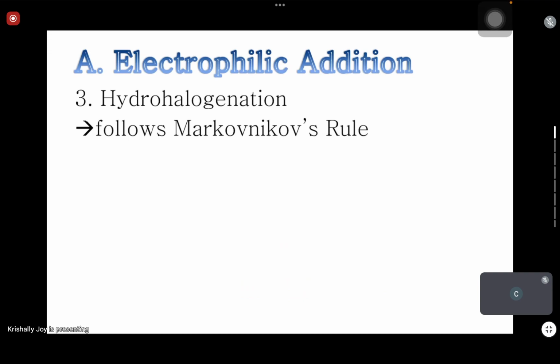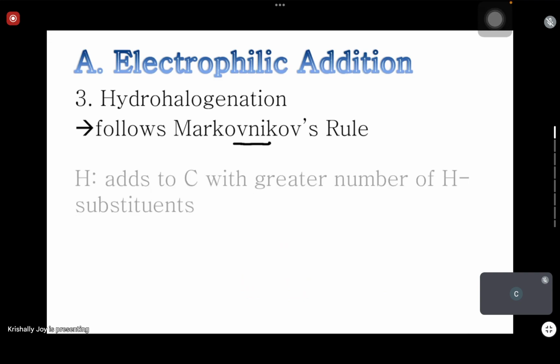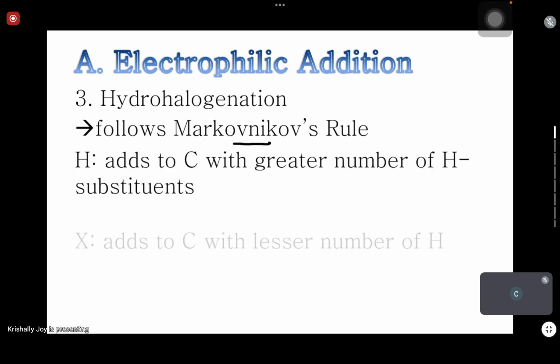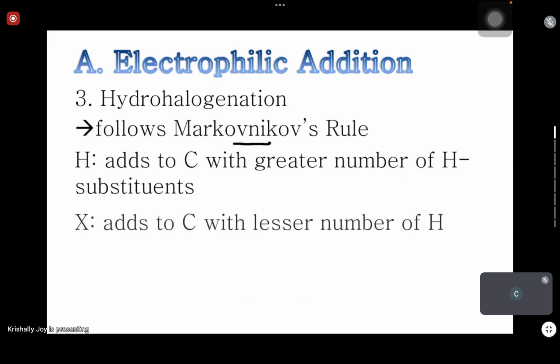Markovnikov's rule was formulated by a Russian chemist, Vladimir Markovnikov. He himself formulated this rule to make it easier to predict the product of an addition reaction. So how is this Markovnikov's rule applied?